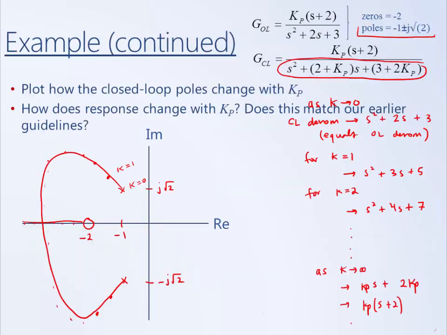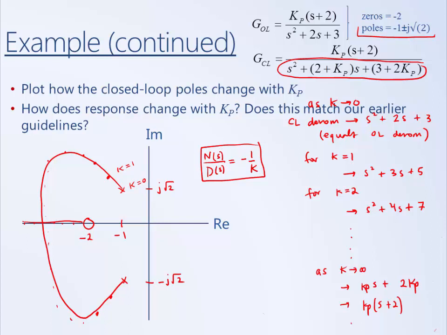Okay. Going back to this example of a root locus that we drew previously and recalling this relationship that we just derived, every value of s, which is a closed loop pole or a possible closed loop pole for our system, must satisfy this equation.